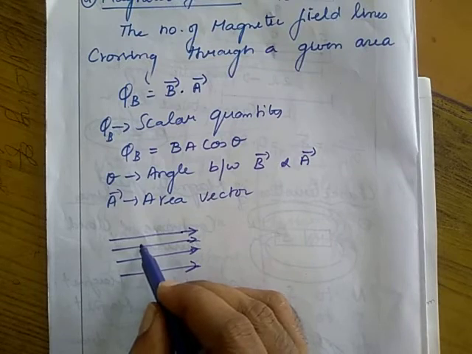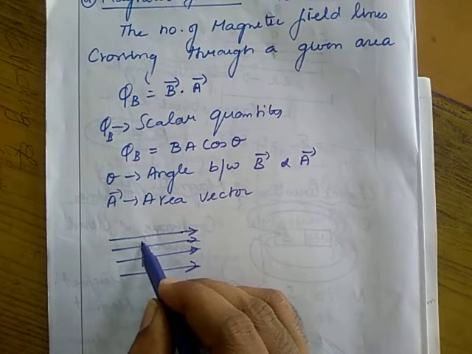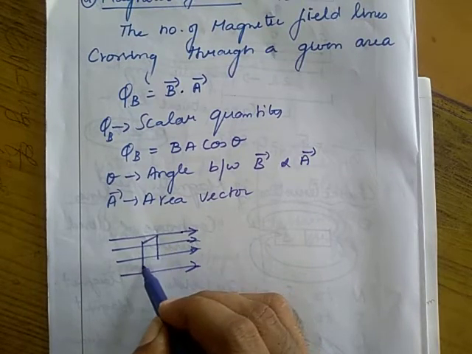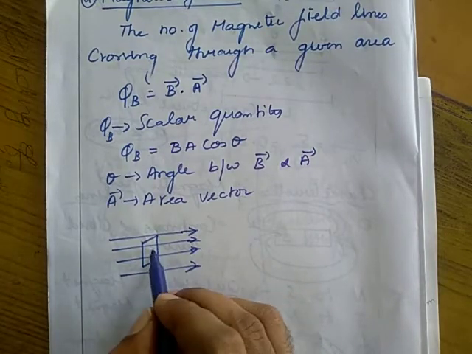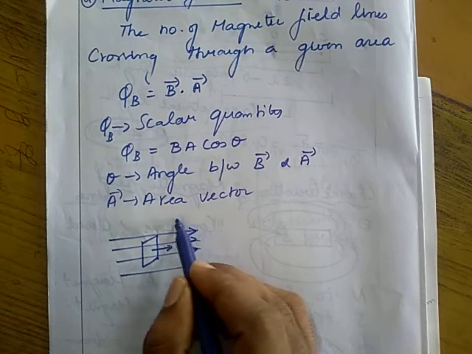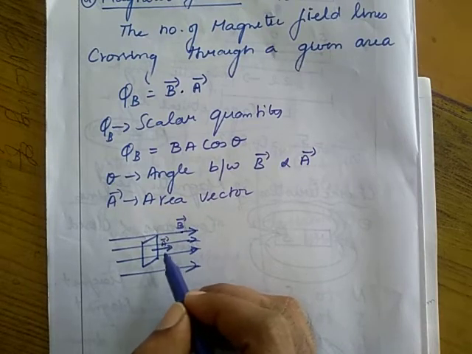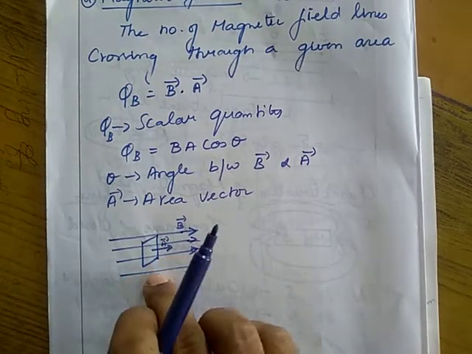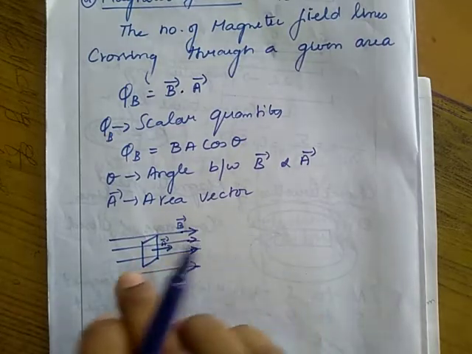In that place I place a plane. Then this is the area vector for this plane, and this is the magnetic field vector.